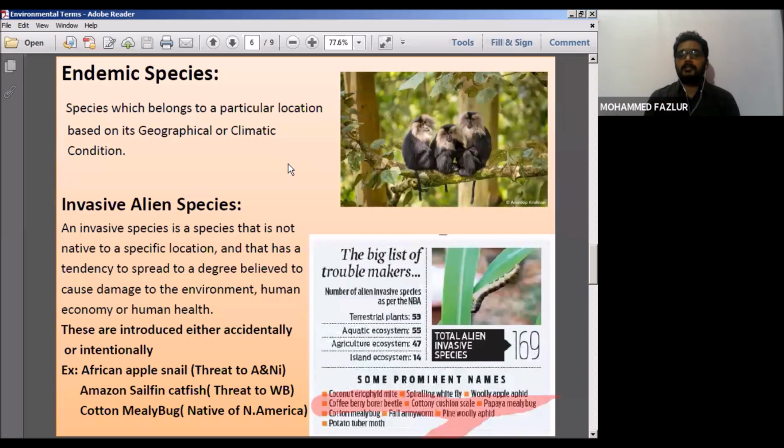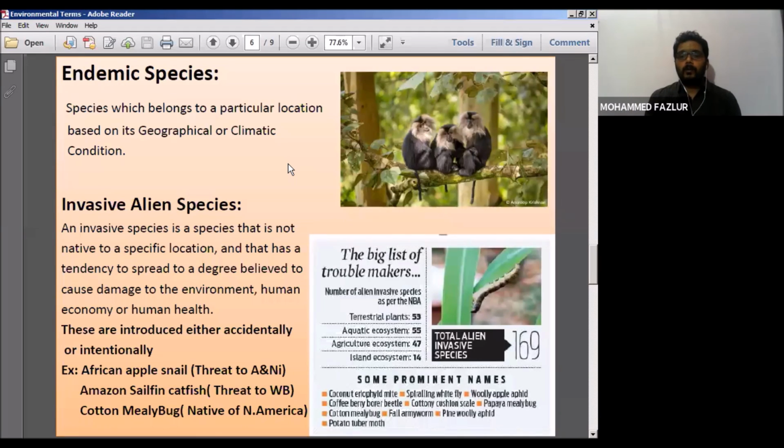This is not intentionally done. It is something like the water taken in to maintain the ship's stability at the shore where you start. This water carries along with it plants or animal species from that location, and when the ship reaches the other location, it will deliver those species along with that water.